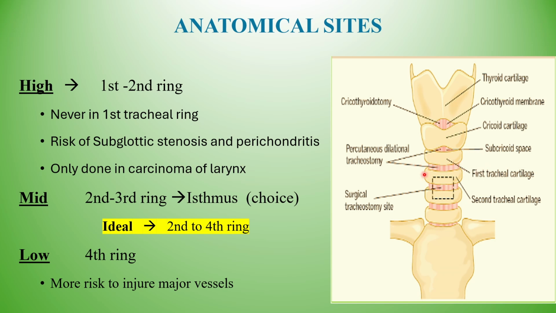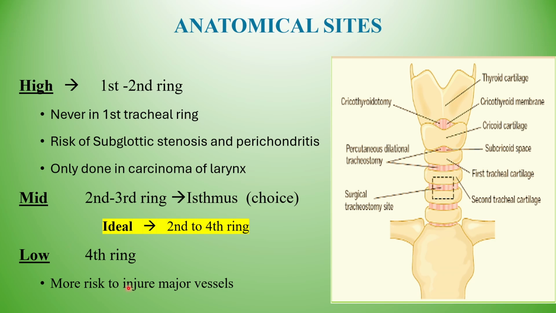So you can either perform the high tracheostomy during total laryngectomy, or you can perform it 1 to 2 days, 2-3 days before the planned big surgical procedure, but not in any other cases. The normal one is the mid tracheostomy, between the second and third ring, or third and fourth ring. So ideal is the second to fourth ring, anywhere in between this area. This is the incision of choice.